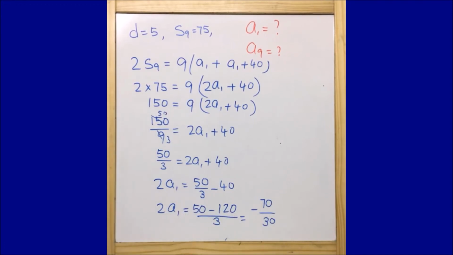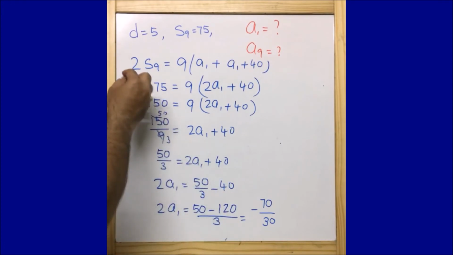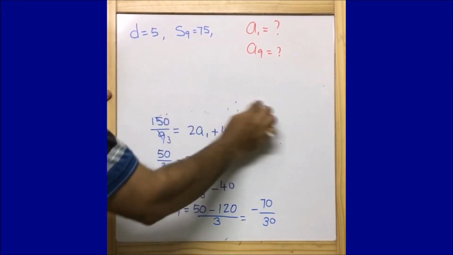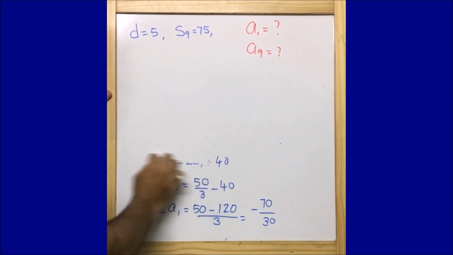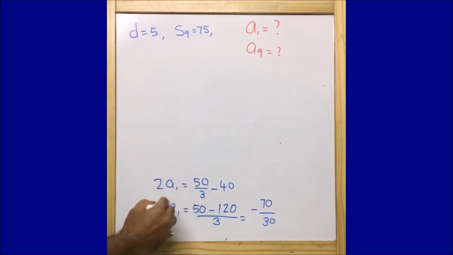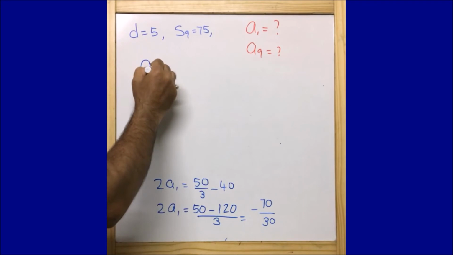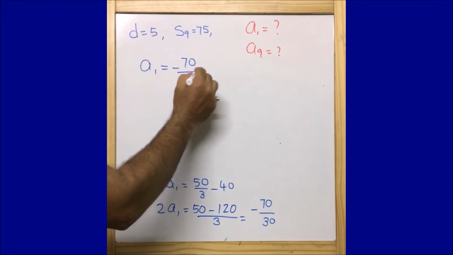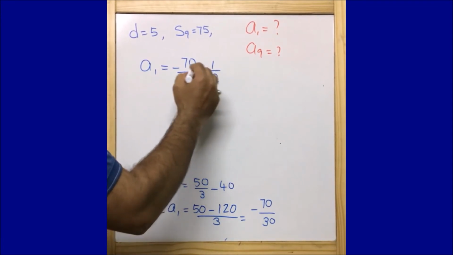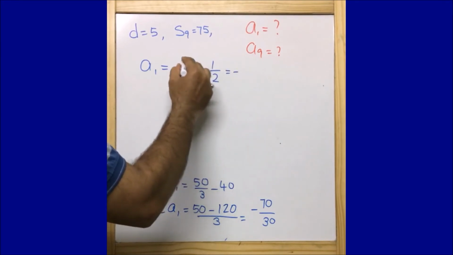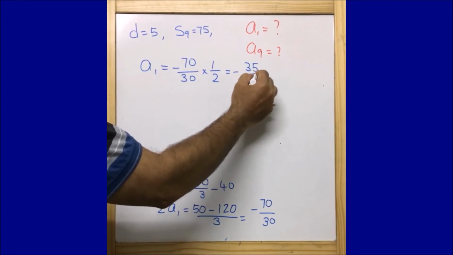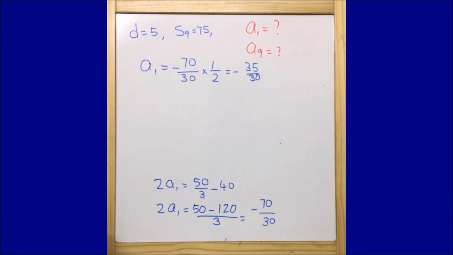So we got 2a1 is equal to minus 70 by 3, or I can write a1 is equal to minus 70 by 3 into 1 by 2, just dividing this by 2.